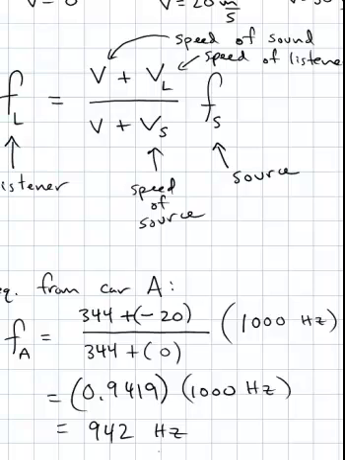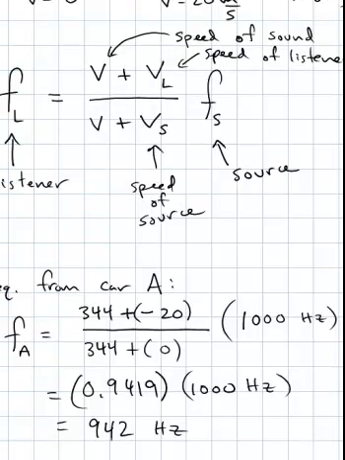And it's got to be a little bit lower, right? The police car is stationary, we're moving away from it, and so the frequency has to be a little bit lower. This frequency we hear is going to be shifted lower, and it is. So good, that makes sense.